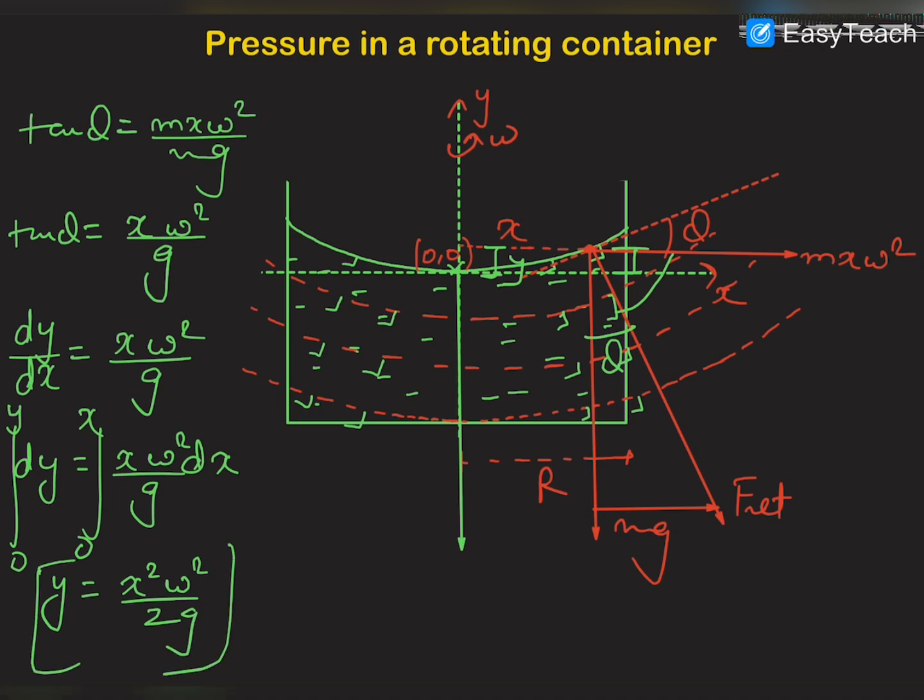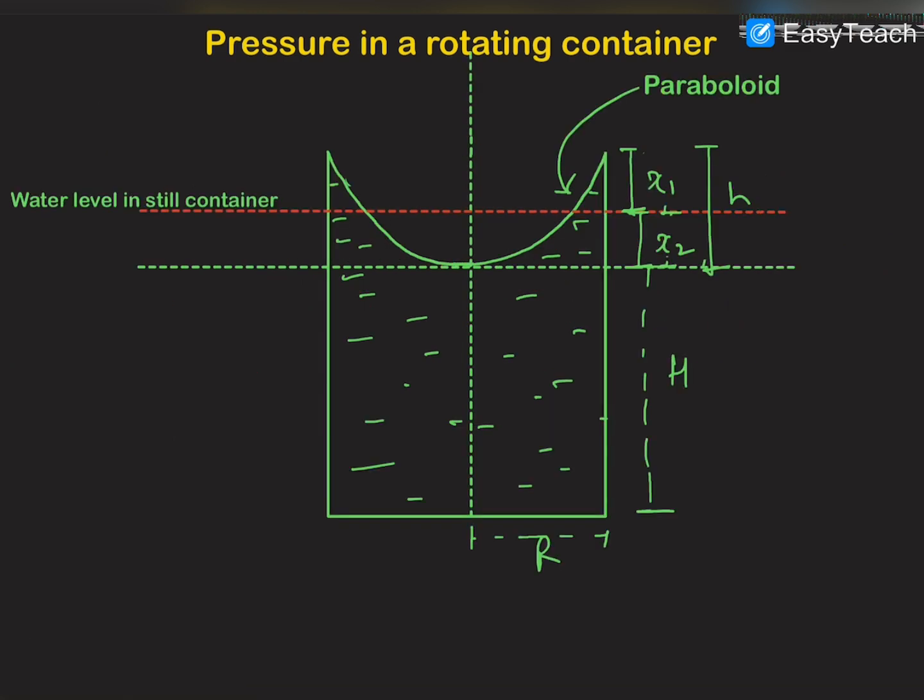Okay, now if we have to write down the pressure of this liquid in the container, let us see that at some point here the coordinates of this point are minus x comma y.